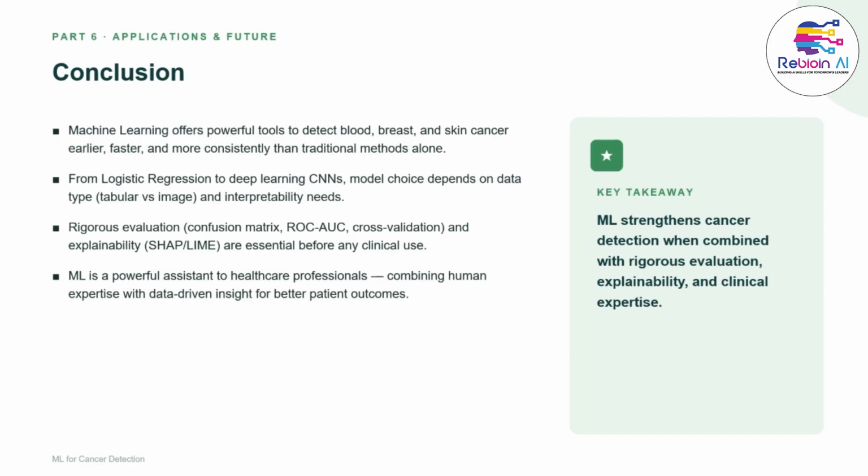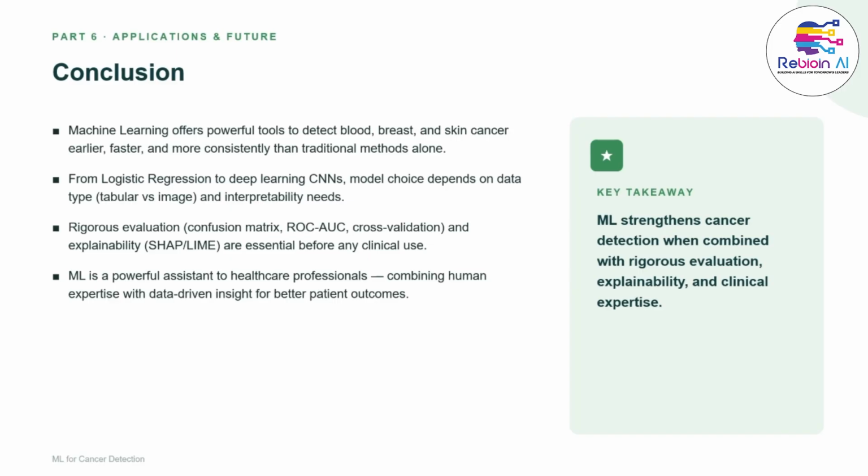We saw how these techniques apply specifically across blood, breast, and skin cancer, each with its own data sources and modeling approaches. And critically, we covered how to properly evaluate these models using confusion matrices, ROC, AUC, and cross validation, and how to make them explainable using tools like SHAP. Because in medicine, a prediction model without justification isn't good enough.